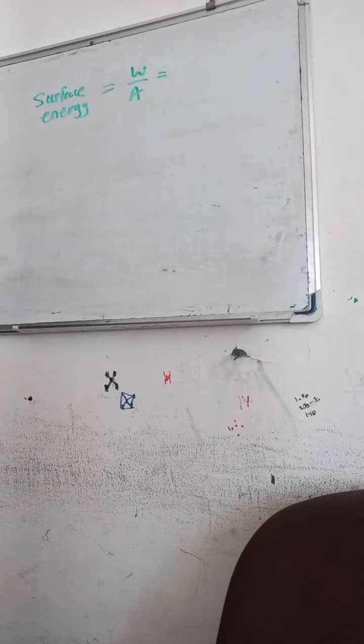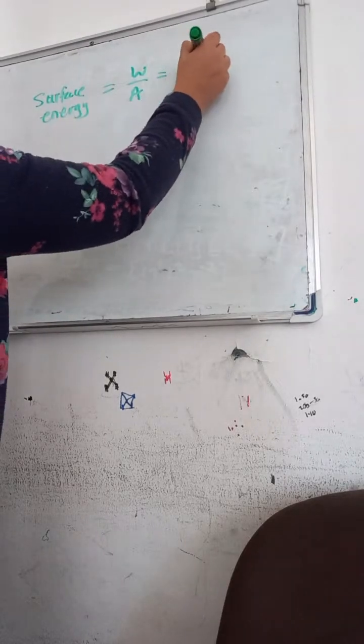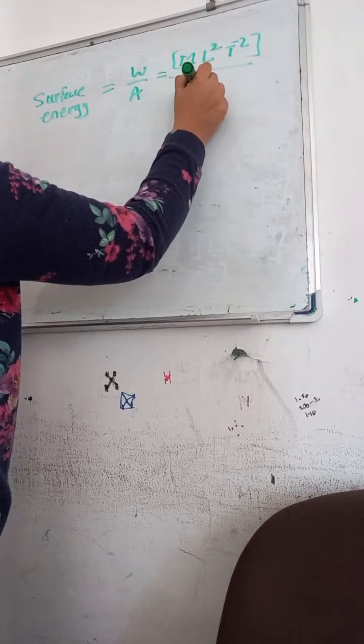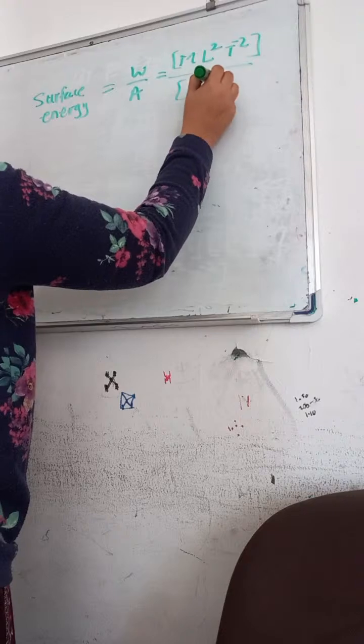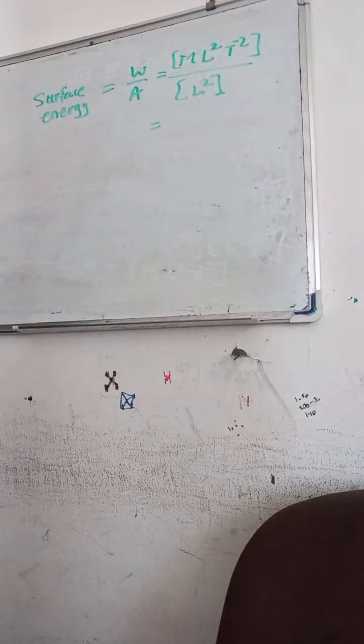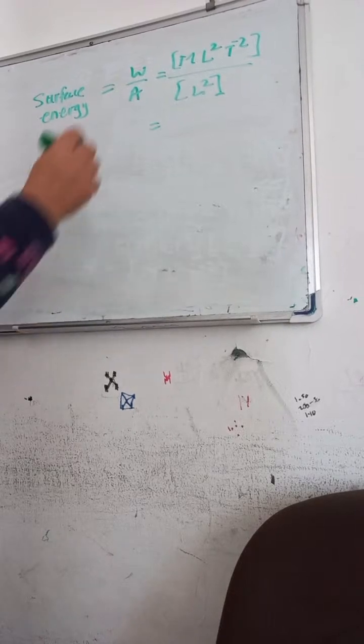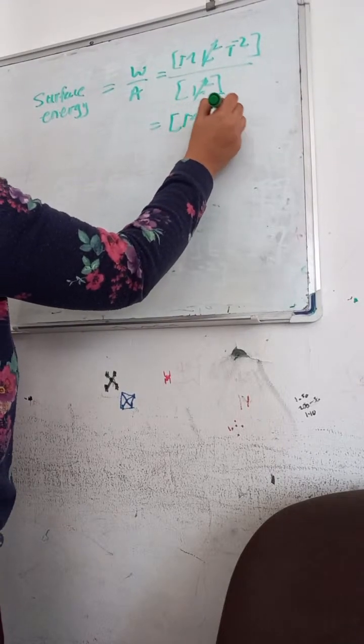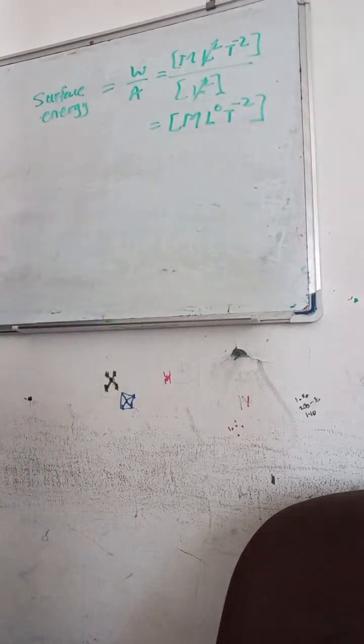Just now we found the dimensions for work done, that is m1 L raised to 2 T raised to minus 2, and area is L raised to 2, measured in meter square. So surface energy, the L raised to 2 and L raised to 2 get cancelled, so m L raised to 0 and T raised to minus 2. So these are the dimensions for surface energy.